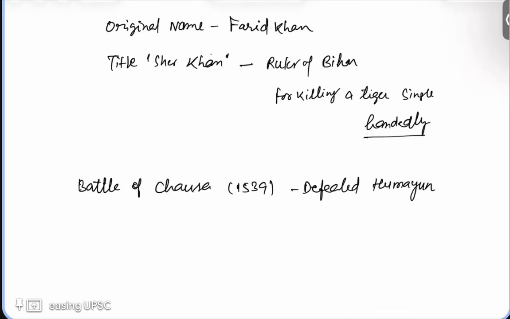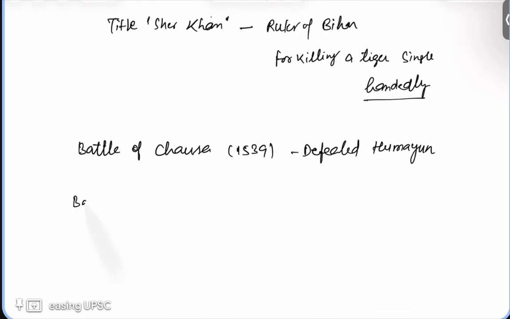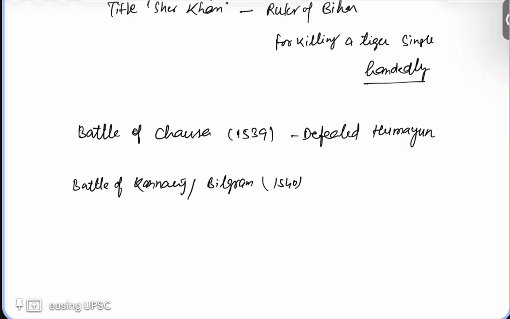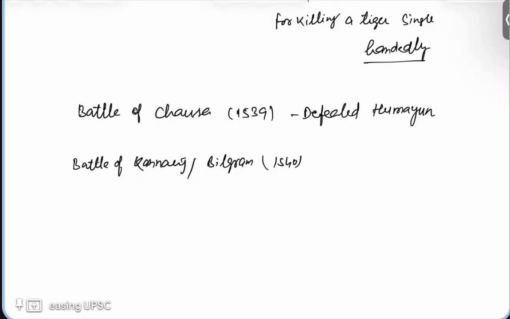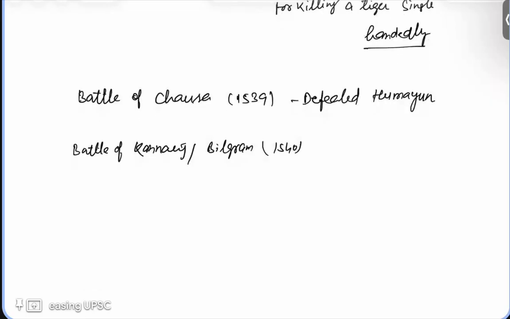Then the Battle of Kannauj decisively defeated Humayun again, forcing him into exile in Persia. This established the second Afghan empire in India. Which was the first Afghan dynasty? Lodi.